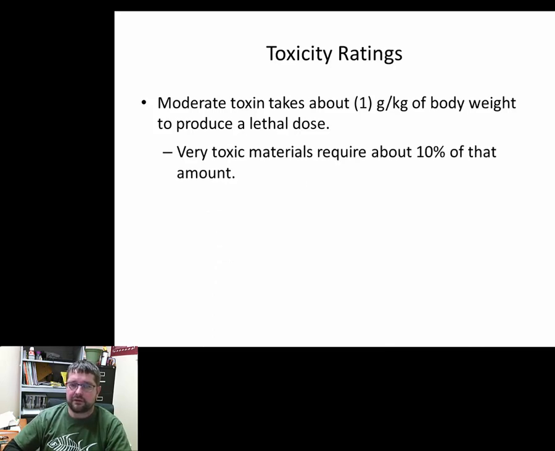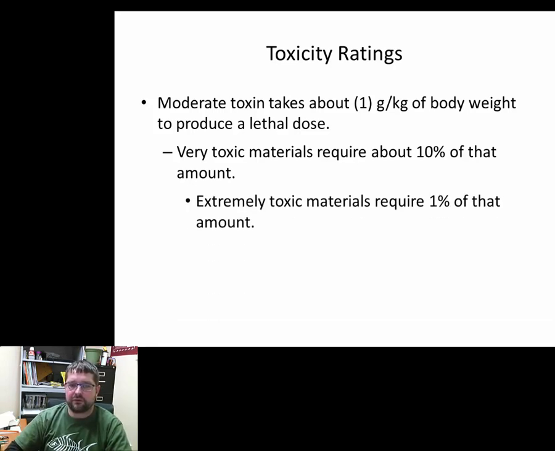From there, we can classify them in different ranking modes. So very toxic materials is 10% of that amount. 10% of whatever the lethal dose is, is a very toxic material. Okay? Extremely toxic material would require 1% of the amount.